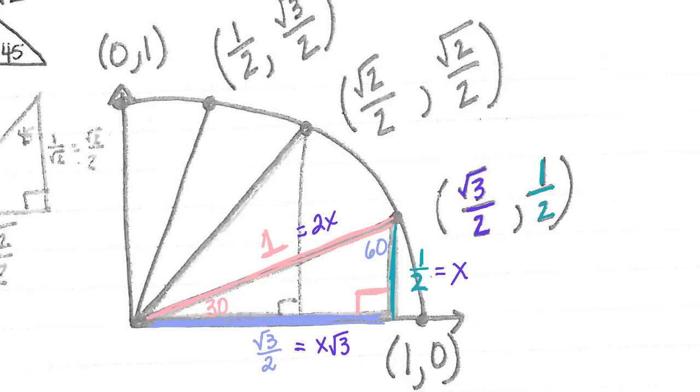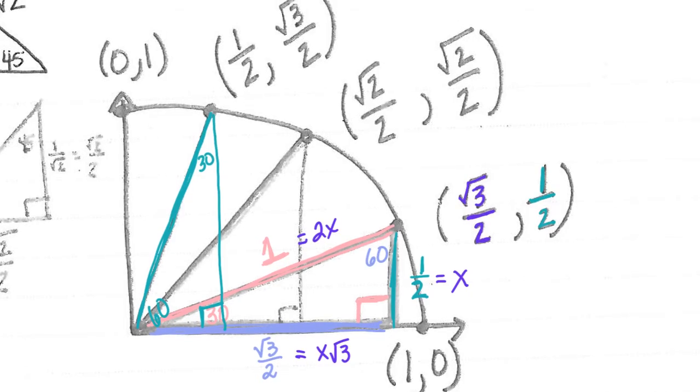Now I'm going to look at the other 30, 60, 90, which is here. I don't have it drawn out. The reason why this is a 30, 60, 90 is because this is going to drop here, and this is going to be 60, this is going to be 90, and this is going to be 30. So notice what changes now. I'm going to try to get different colors. What changes now is my 1/2 is the small side.